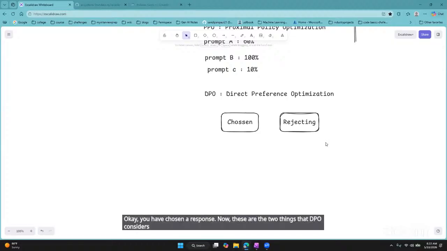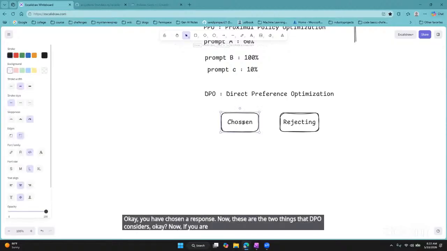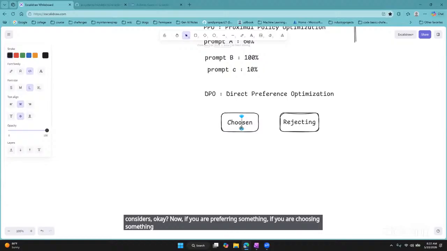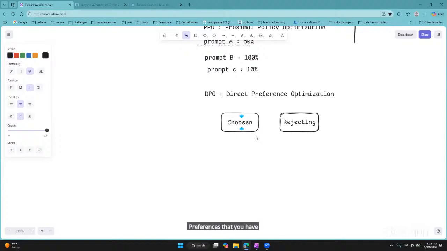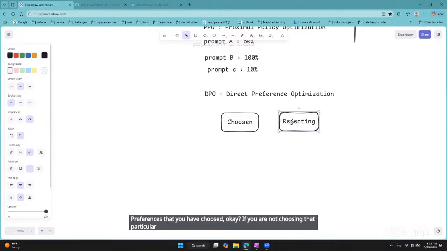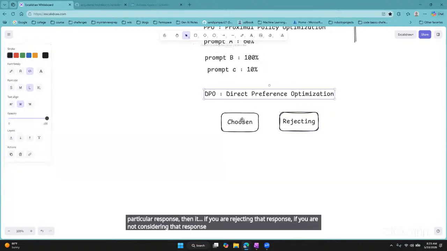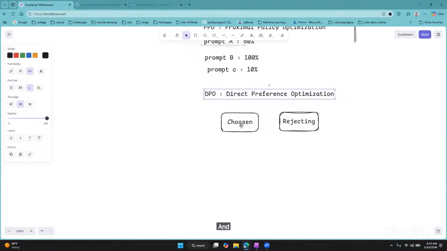If you are preferring something, if you are choosing something, then it will consider and train only on the preferences that you have chosen. If you are rejecting a response, if you are not considering that response, this direct preference optimization will never consider it. It will only consider the response which you have chosen and align as per the request.